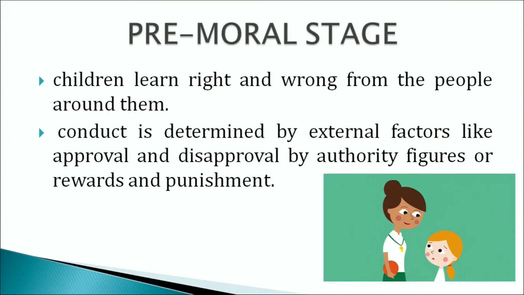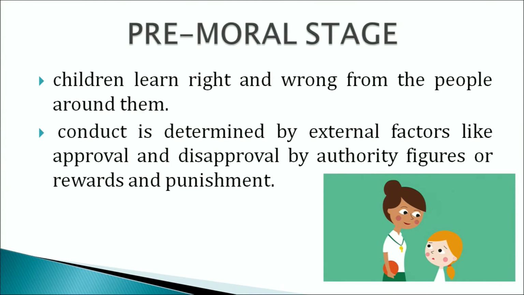At the pre-moral stage, children learn right and wrong from the people around them. Their conduct is determined by external factors like approval and disapproval by the authority figures or rewards and punishments. That is, whatever others are saying is right. Thus, a child's behavior is oriented towards obedience and punishment.